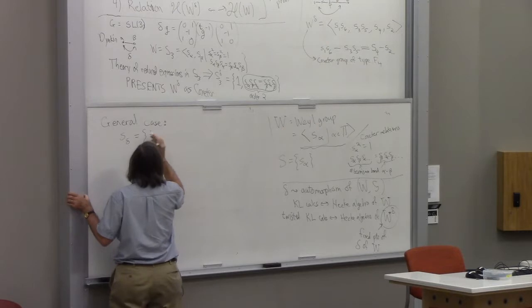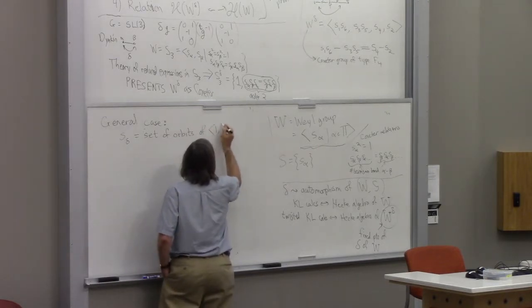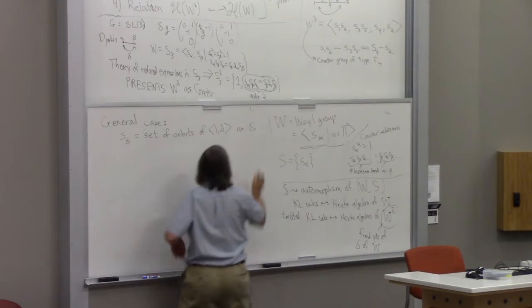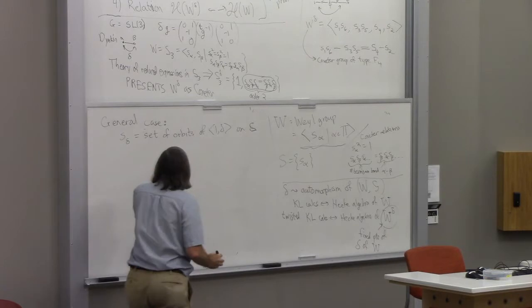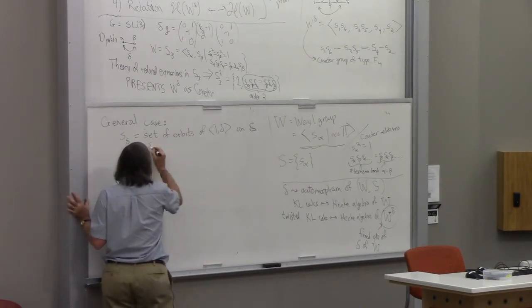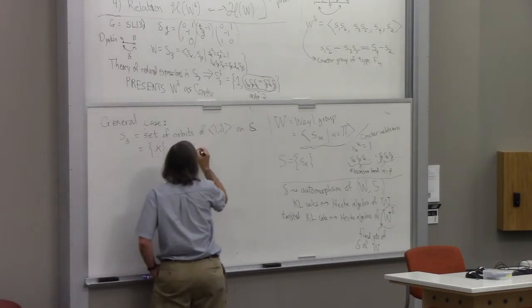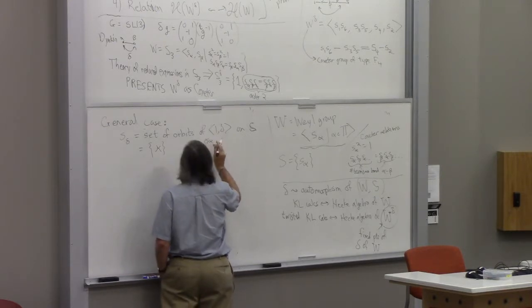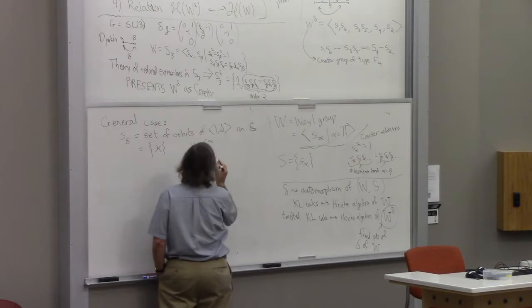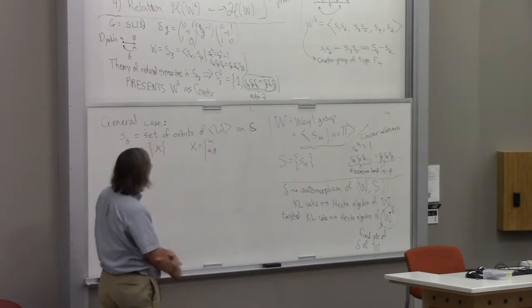This is the set of orbits of 1 and delta on S. And so we write these orbits as kappa, and each kappa is either a singleton or it's two things. Those are the possibilities.